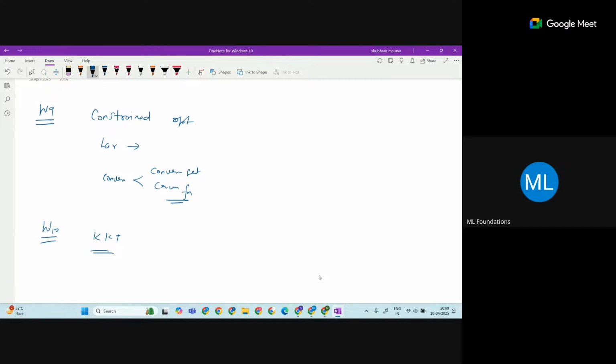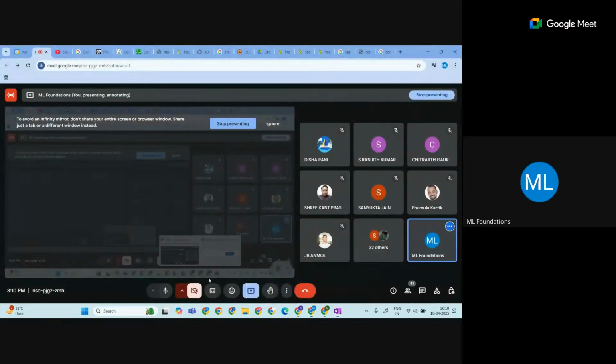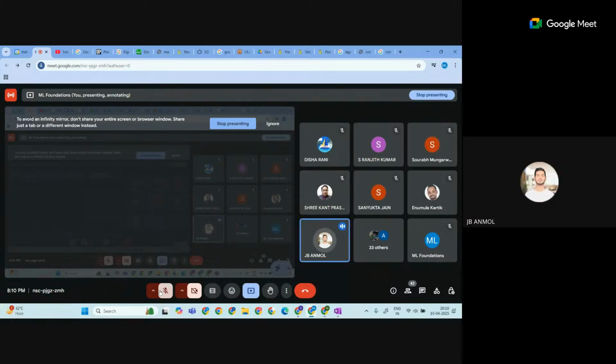So constraint optimization is, we have given some function, and we want to minimize or maximize, but some constraint is given. So to optimize a function, either to minimize or maximize, will the process be exactly the same, or will there be a difference?